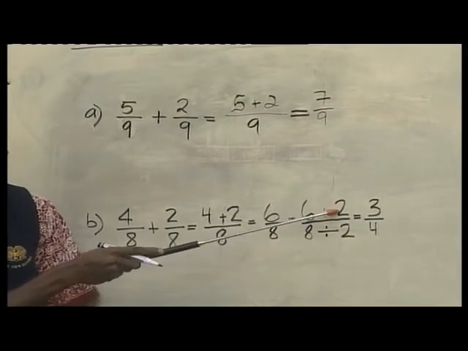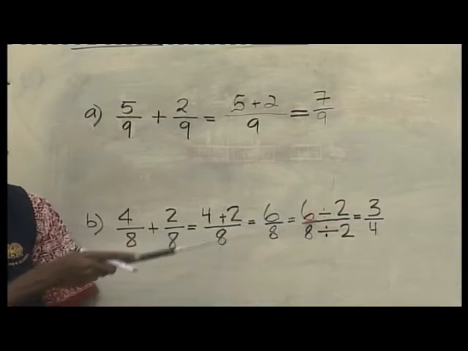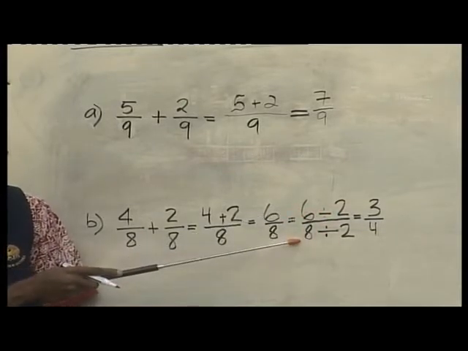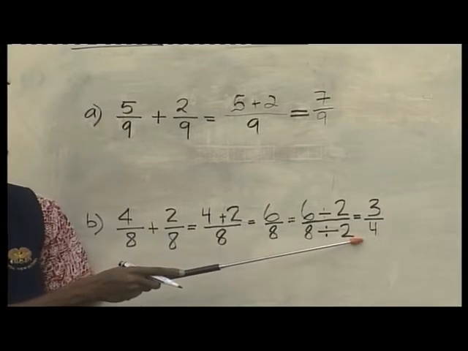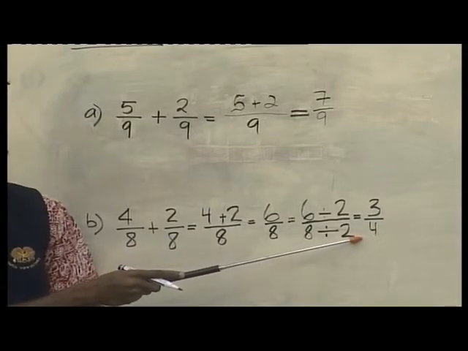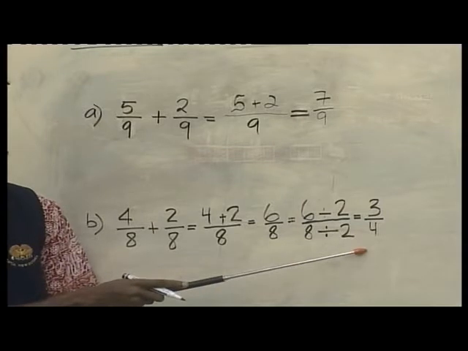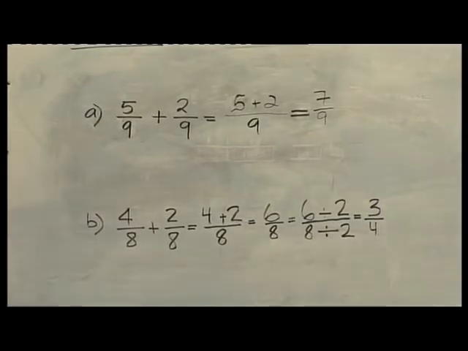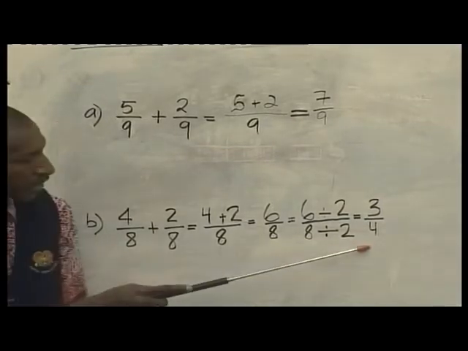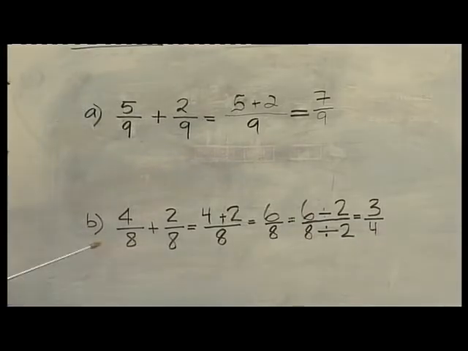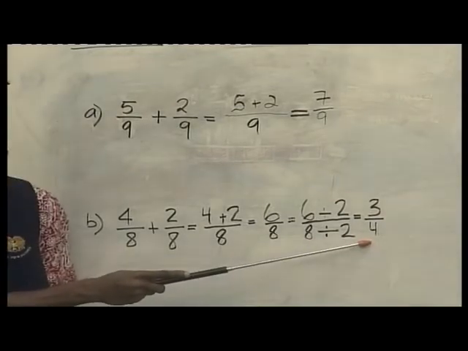He divided the numerator and the denominator by the highest common factor 2 and got the fraction 3/4. So the simplest form of 6/8 is 3/4, and that is the final answer of 4/8 plus 2/8.